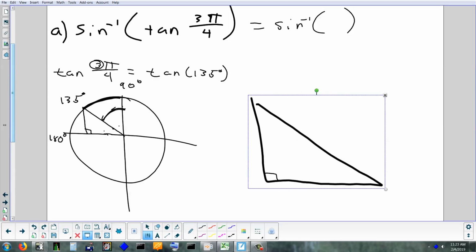So there's my 90, 45, and 45. Now, when we did this before, we used unit circle trick. This is my hypotenuse, but it's also my what in the circle? Like if you erase the sides of the triangle, what is that line from the center of the circle to the edge?